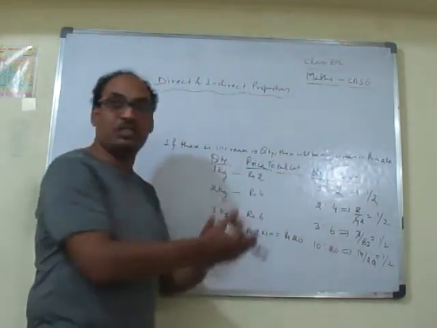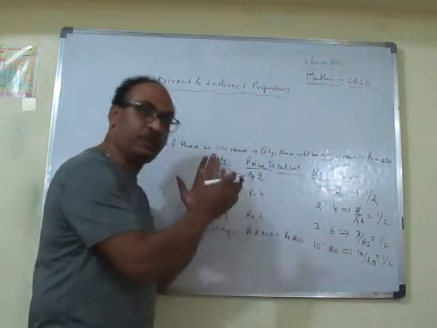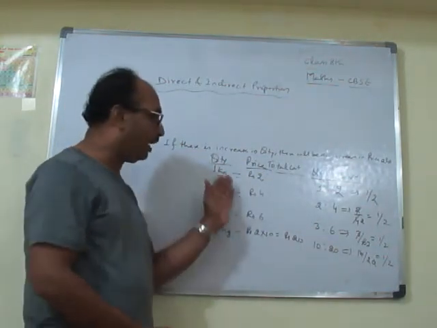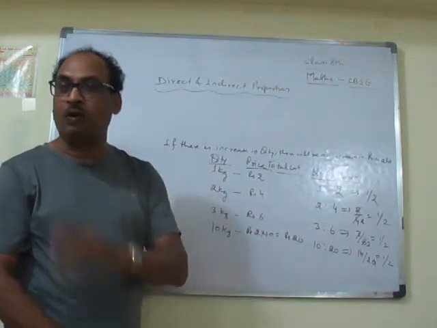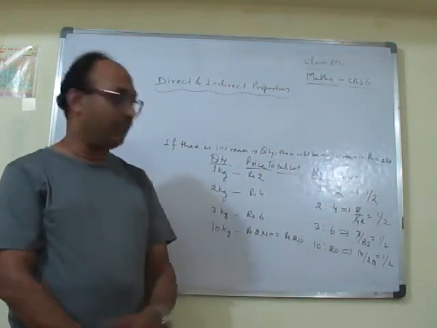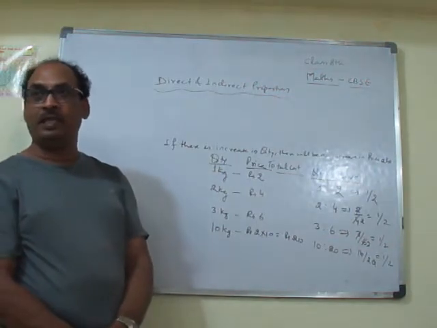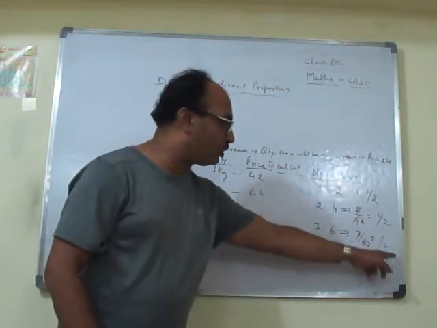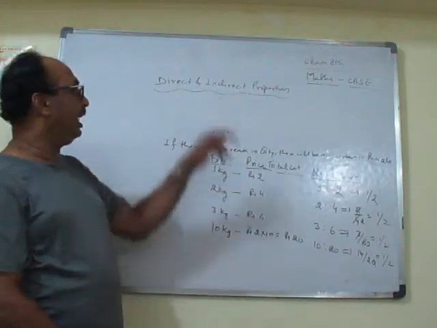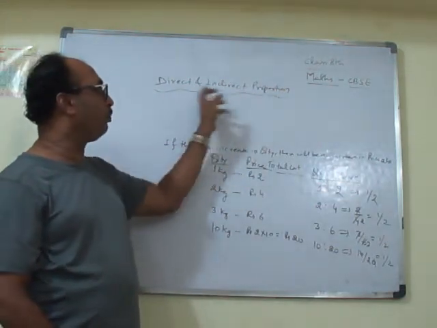When this type of situation is there, when you are finding the ratio between two quantities, quantity and cost, and you are finding the proportion the same, then it will be called direct proportion.